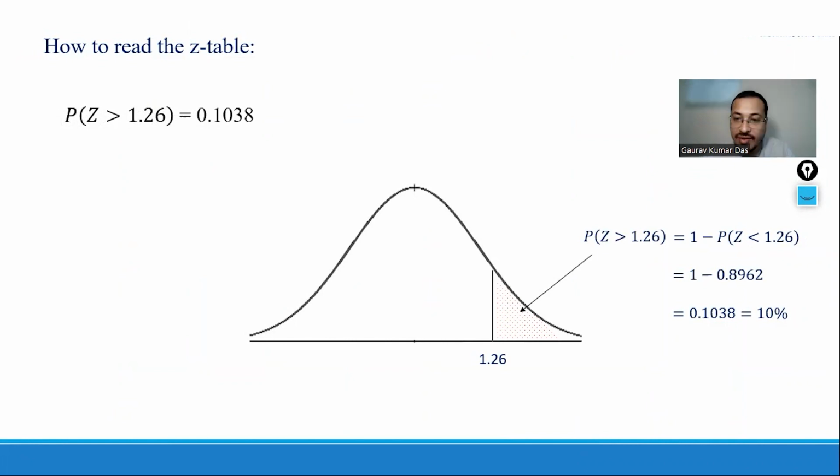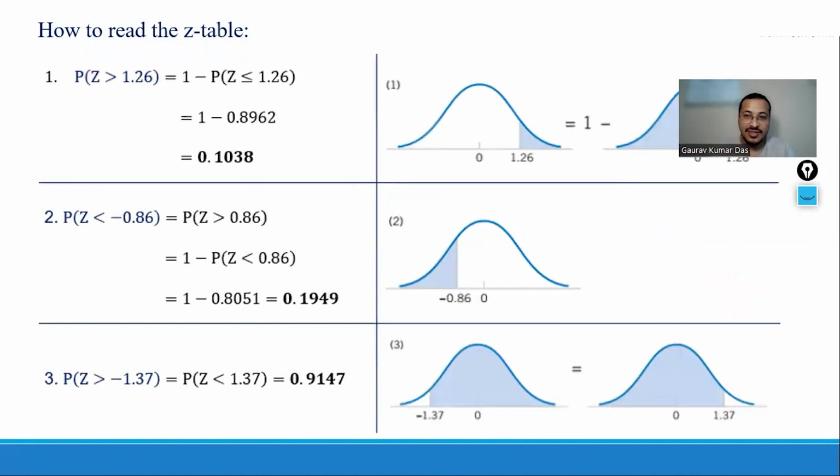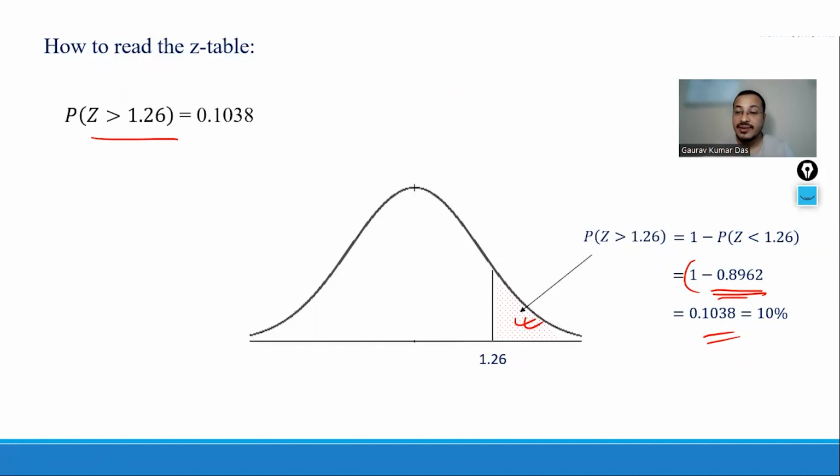This value which you see here is from the table, and we subtract it from 1, which gives this region. So my answer is the probability of Z greater than 1.26 is equal to 0.1038. So that is how we calculate probabilities of standard normal variables from the Z table.